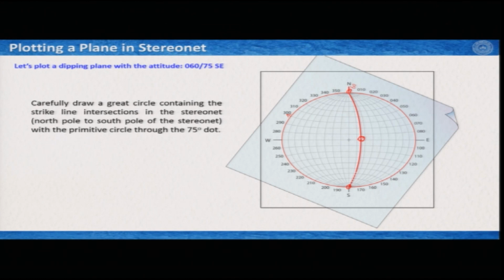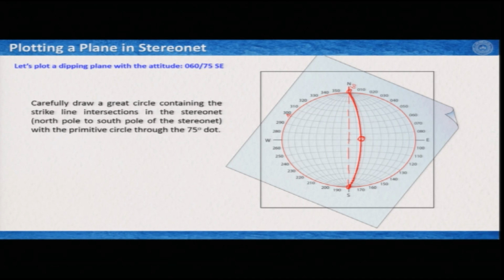Please note, you cannot draw a straight line. If you draw a straight line, then you will indicate that your plane is actually vertical, but this is not, because it is dipping 75 degree towards the southeast direction. So, this is how you carefully draw a great circle containing north pole, south pole and the dip angle 75 degree that you have plotted on the Stereonet.